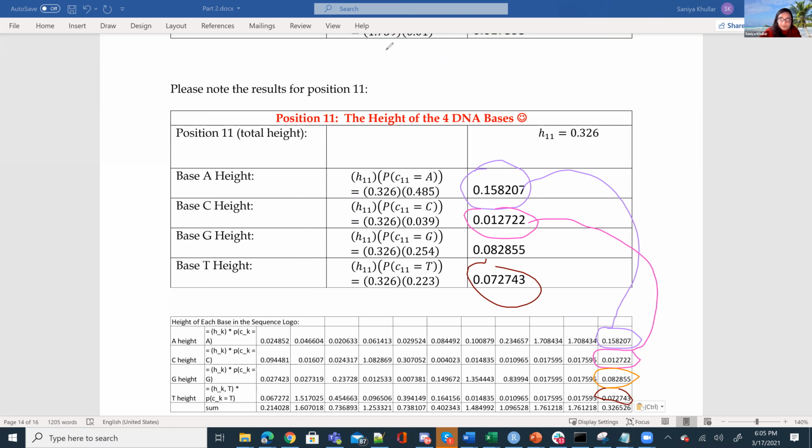And this one right here should be this. So what you will notice is that, as expected, this is our total height in this position, and that's what this total height is over here.